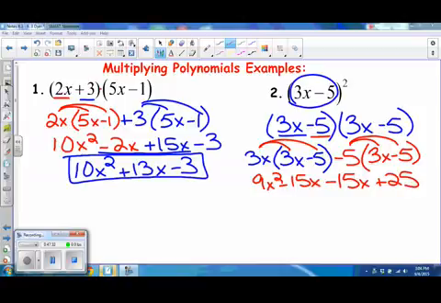Now what? Combine your like terms. So my x terms are my only terms that are alike. So I have 9x squared. Negative 15 minus 15 is what? Plus 25.